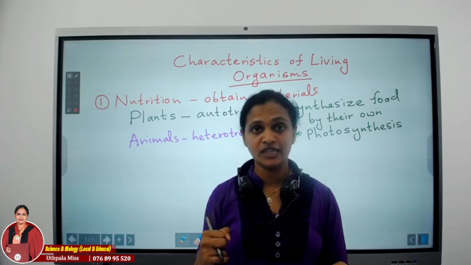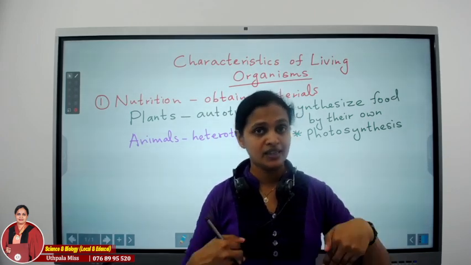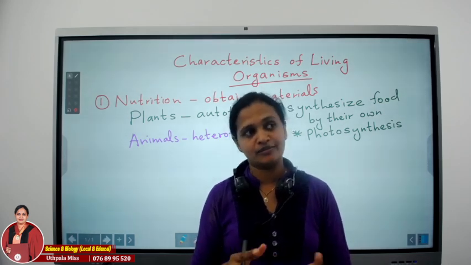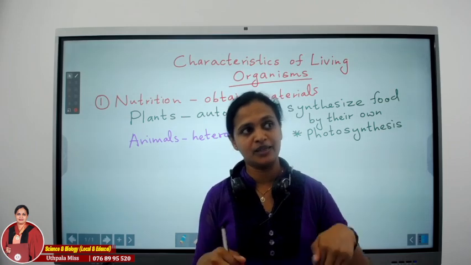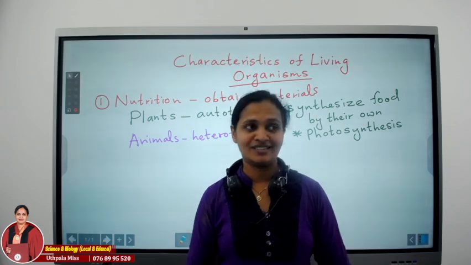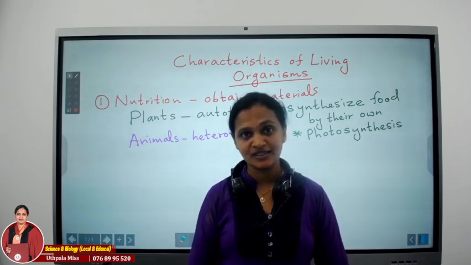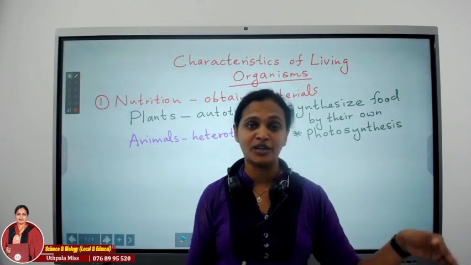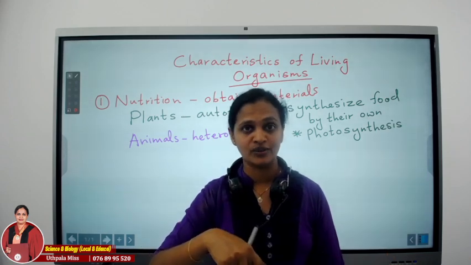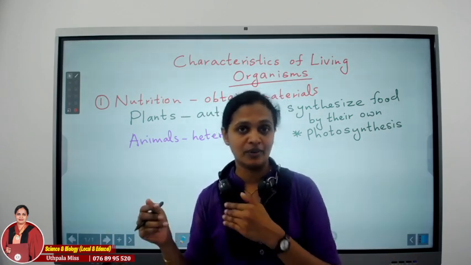Omnivores may be depending directly or indirectly, but when it comes to the carnivores, they don't depend on plant materials directly, but they depend on another herbivore. So they are depending on plants indirectly.